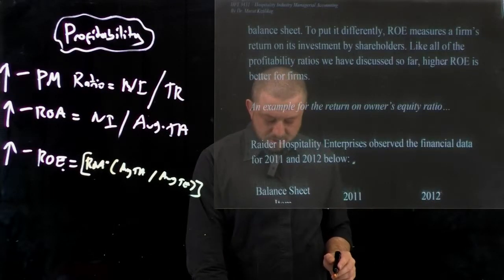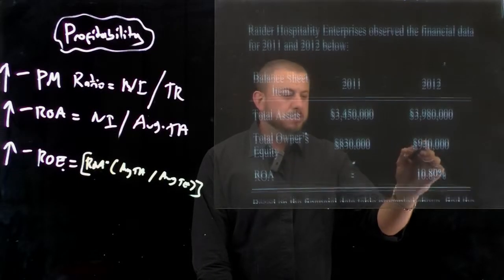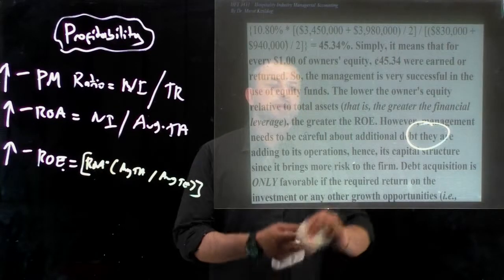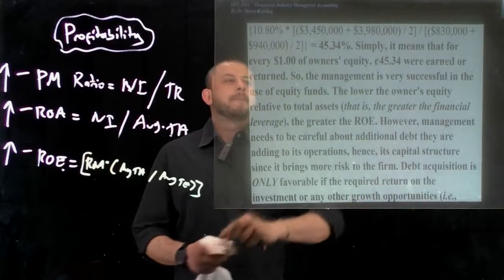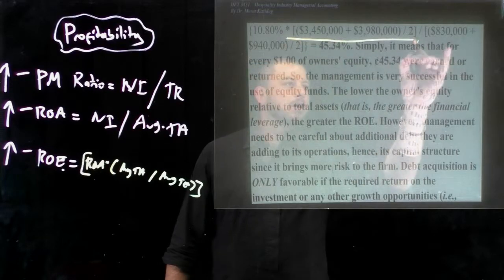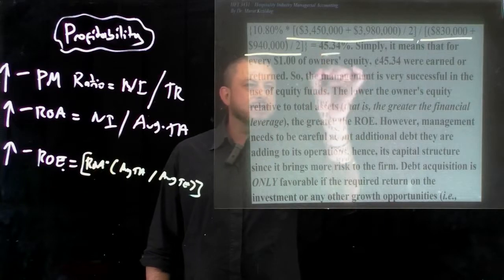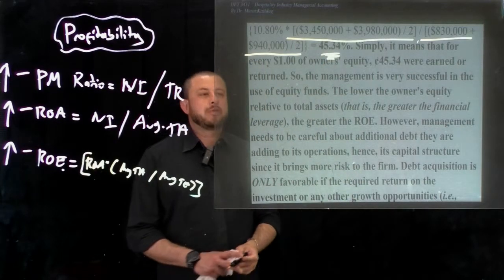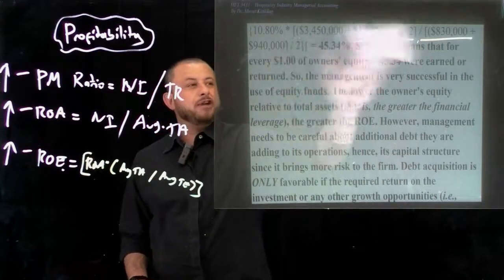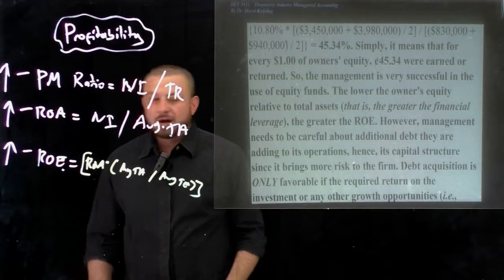Look, 10.80% ROA for 2012 for Raider Hospitality is given right here. 10.80% multiplied by average total assets over average total owner's equity gives us 45.34%, meaning for every dollar of owner's equity there are 45.34 cents earned or returned to the company.